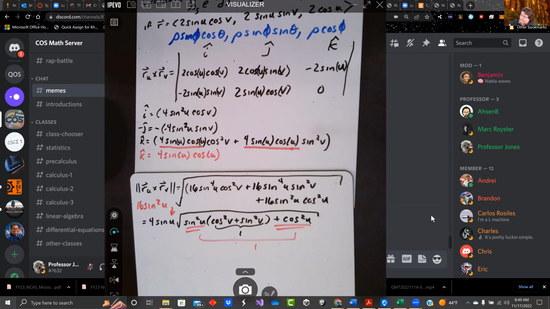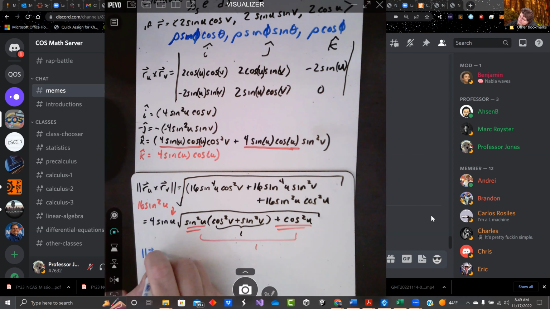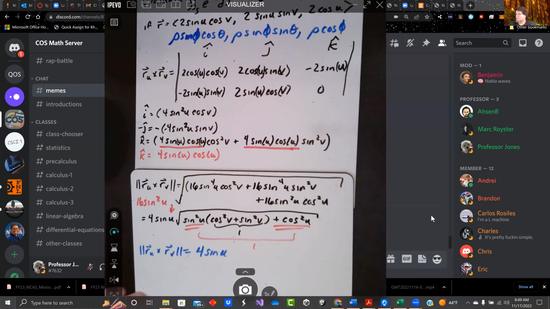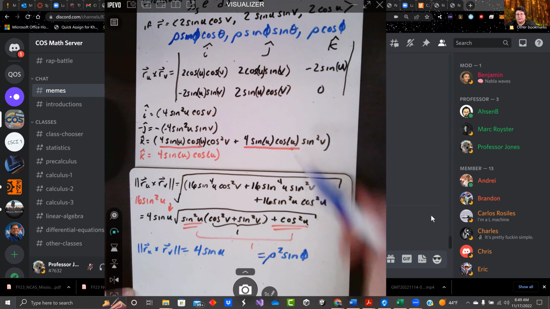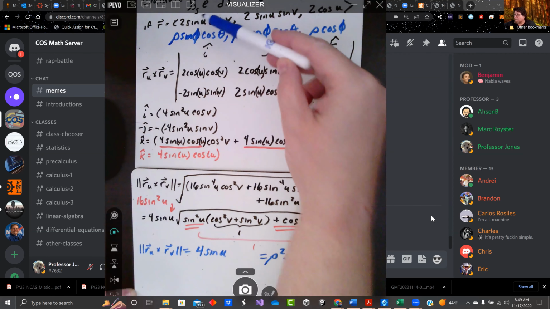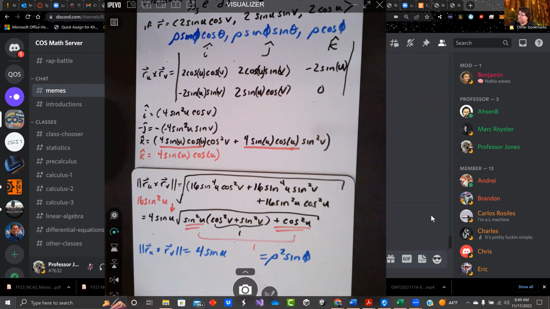So the magnitude of R u cross R v is 4 sine u. Does that match up with rho squared sine phi? If we look up here, phi was u and rho was 2, so that does match up.